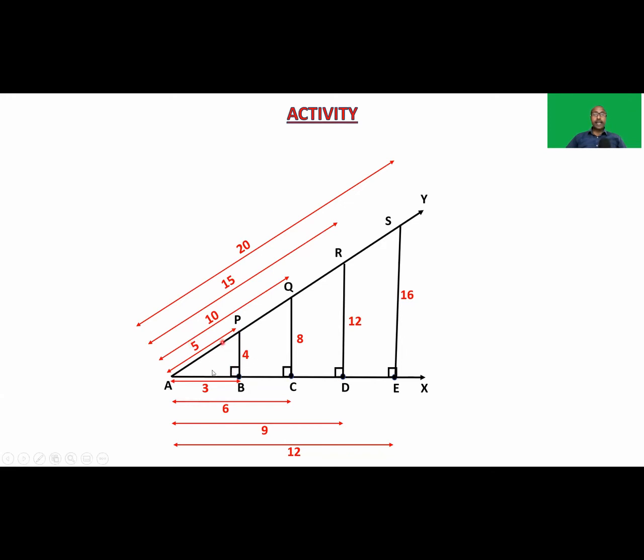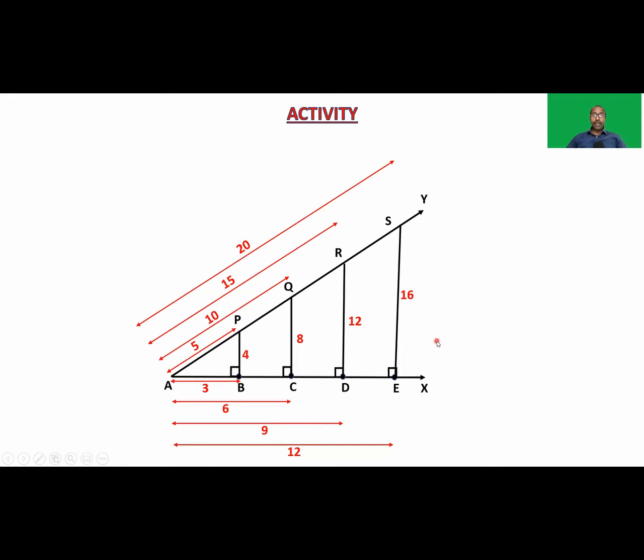They are ABP, ACQ, ADR, and AES. We can say that all these 4 triangles are similar because in every 2 triangles that we take, the angle A and the right angle are common. So by angle property, we can say that all these triangles are similar.